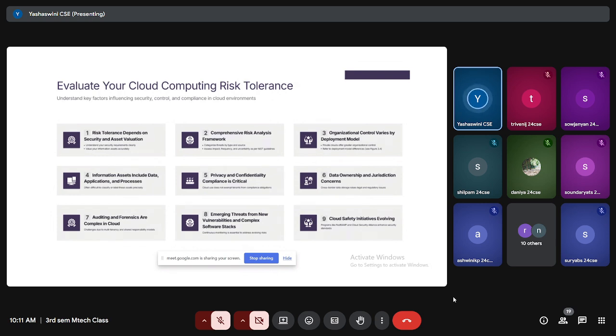So once you ensure all these risks are tolerated, you can ensure that the cloud is safe, or you are continuously evolving your particular storage in such a way that it will enhance the security standards, be it cloud security issues, or if it is FedRAMP, you will be able to get the safety concerns for the cloud.